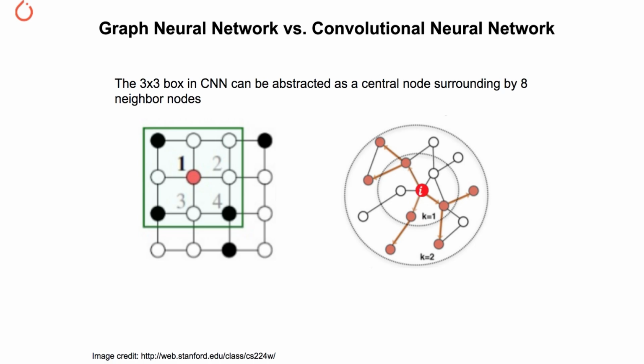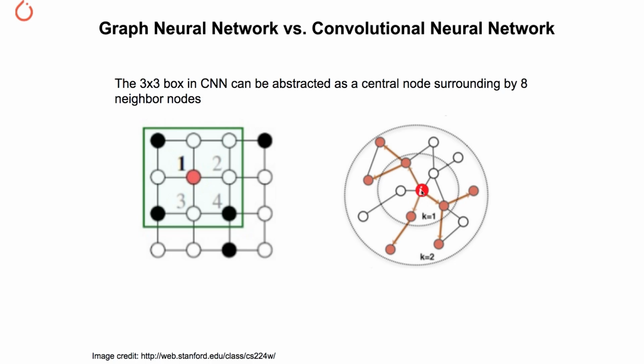And if you apply that to graph, then you will get something like this. You will have a target node I, and then say you look at one hop, or layer 1, then you have 3 neighbors, and then at the next layer, or next hop, you add 4 more neighbors.